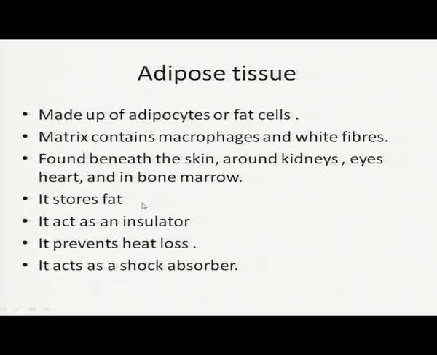Its function is it stores fat, hence it can act as an insulator and it will prevent heat loss. Moreover, since it acts as a layer, it can absorb the shock. So, it acts as a shock absorber.